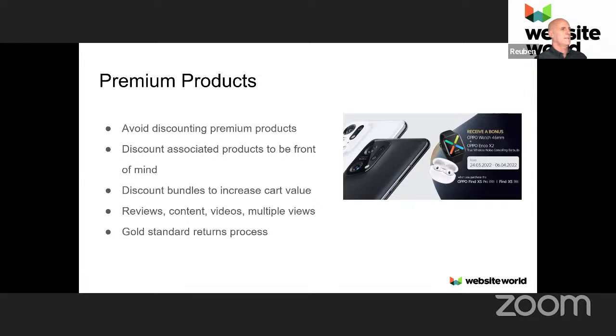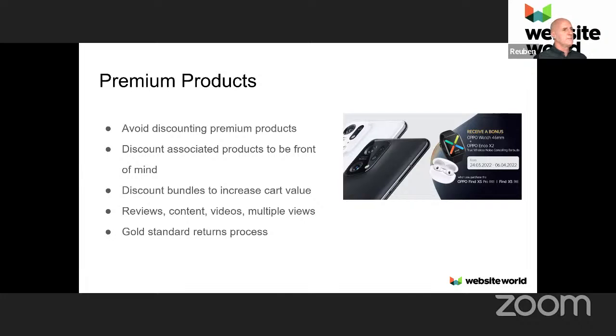But you could be discounting associated products. So for example, in the picture here, you've got a watch, or earbuds. You might have protection covers for your phones, and they might be 50% off because you have a huge margin on them. Maybe you've got 75%, 100% markup or 150% markup.